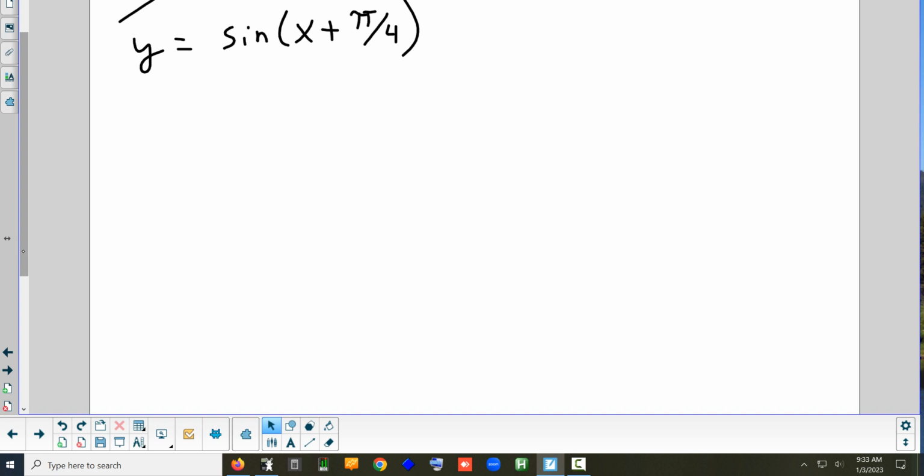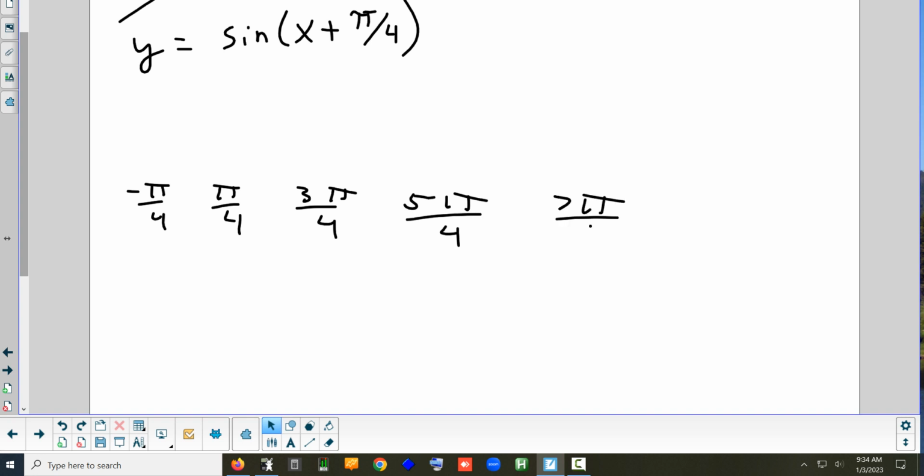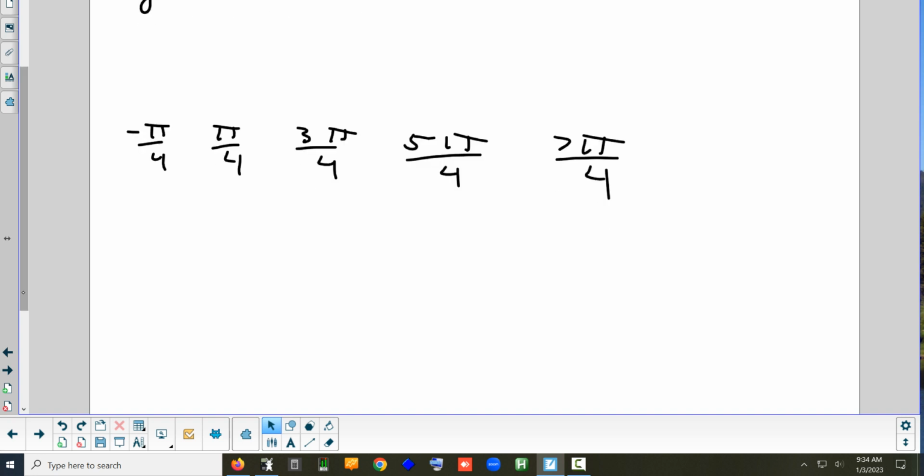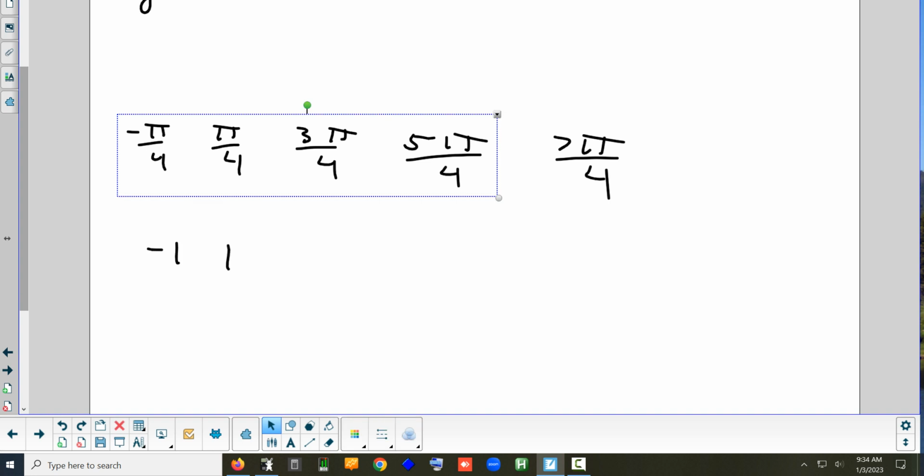When you do this one, your x values are going to end up being negative pi over 4, 1 pi over 4, 3 pi over 4, 5 pi over 4, 7 pi over 4. Now, it doesn't matter that they're all over 4. Just look at the number at the top. Negative 1, 1, 3, 5, 7.